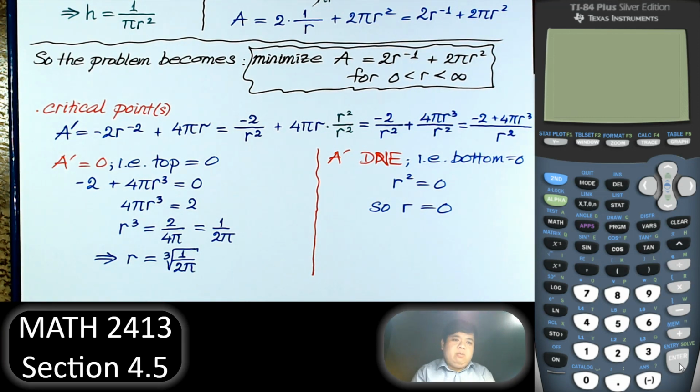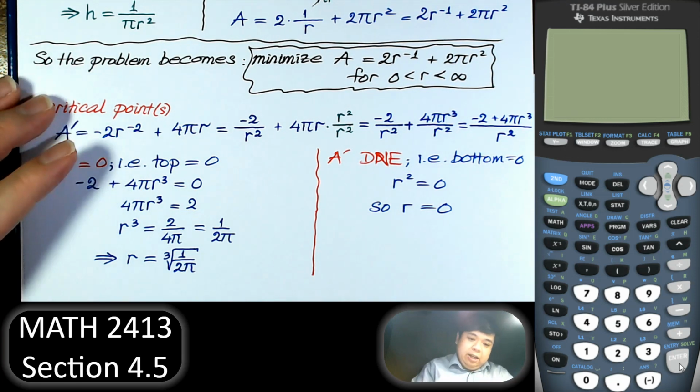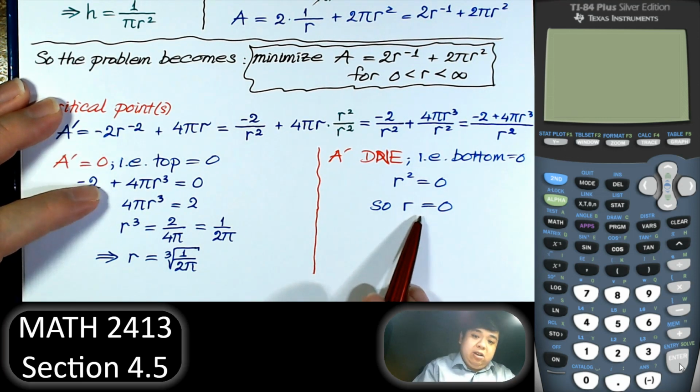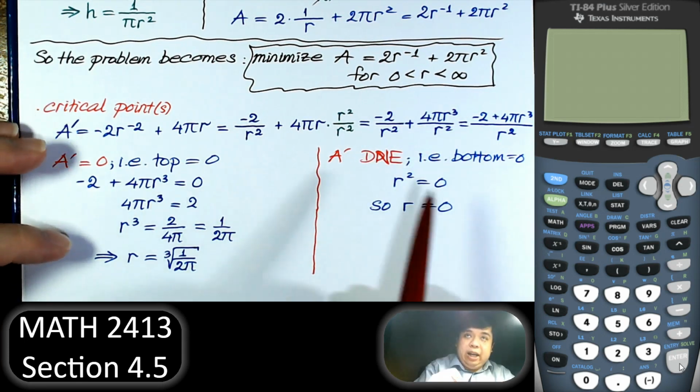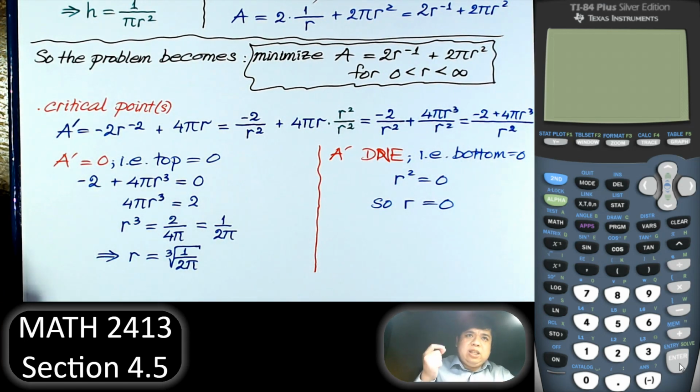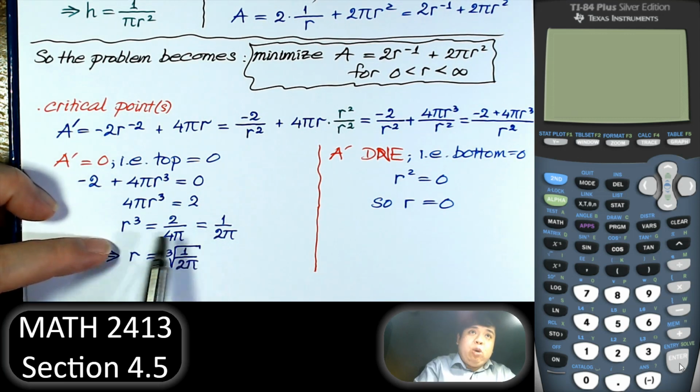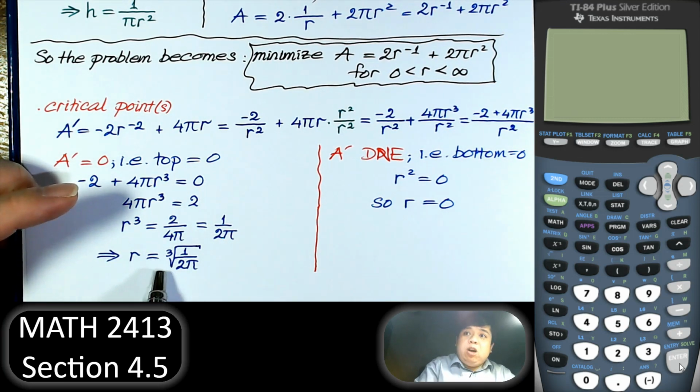Right, there are a lot of different ways to confirm that it is the minimum. So that doesn't work because 0 is not in the interval 0 to infinity. So in this case we only have one critical point. By the way, when we take the cube root on both sides, do not put plus or minus.